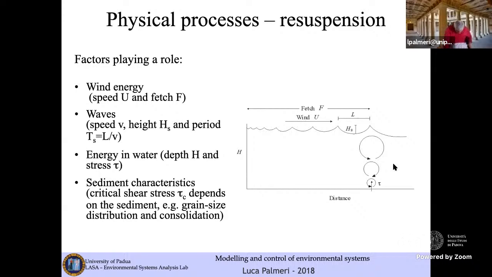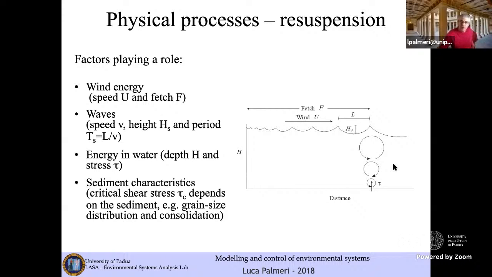Then we have to introduce another characteristic, describing the characteristics of the sediment, that we may call critical shear stress tau c. It depends on the sediment grain size, on the sediment grain size distribution, on the sediment consolidation, or, if you want, on the water content of the sediment.